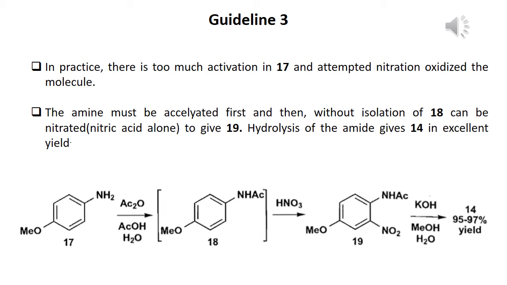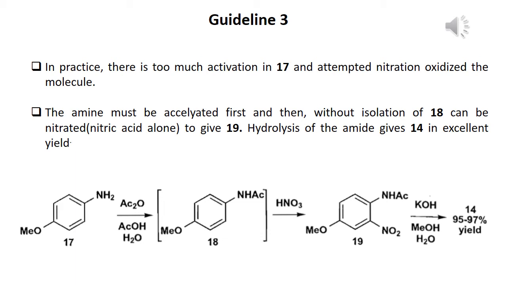Hydrolysis of the amide gives 14 in excellent yield. So when we need back the NH2 amino group, we just do the hydrolysis of this 19, so we shall get back the amino group, and the amide will be hydrolyzed, producing the product that is 14. So on the whole, what have we done?